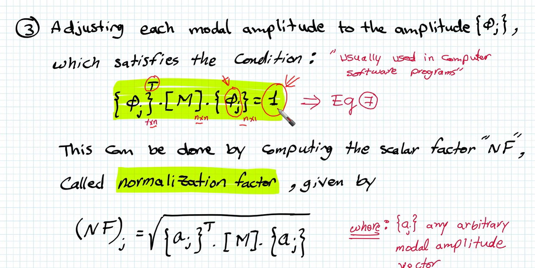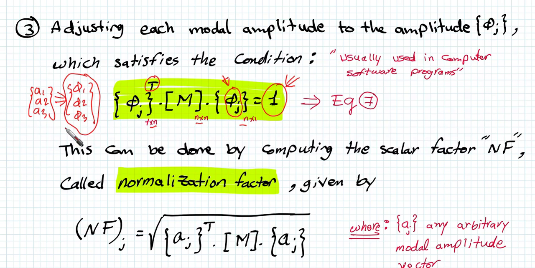So we are going to use a technique to normalize our common mode shape A1, A2, A3 to a normalized mode shape phi 1, phi 2, phi 3, where this normalized vector, if we transpose it and take the dot product with the mass matrix and then with the normalized mode shape, is going to yield 1 at the end.